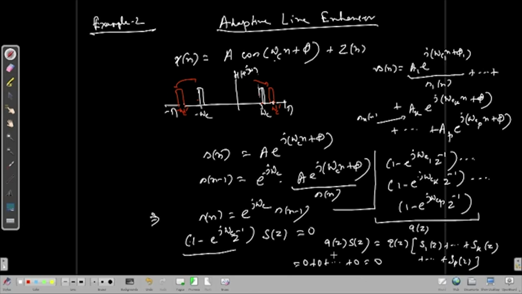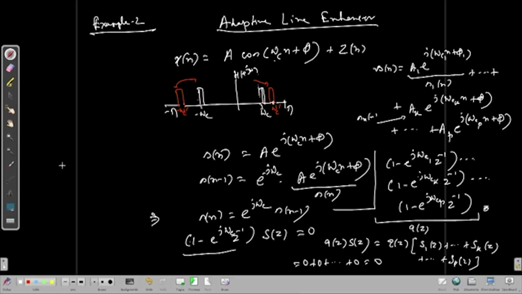So, this means Qz into Sz, this is my Qz, right, Qz into Sz is 0. But now if I consider the product 1 into 1 into 1, the first term will be 1 and there are p terms, okay, so altogether the highest power will be z to the power minus p, and coefficients can be complex, I do not mind.